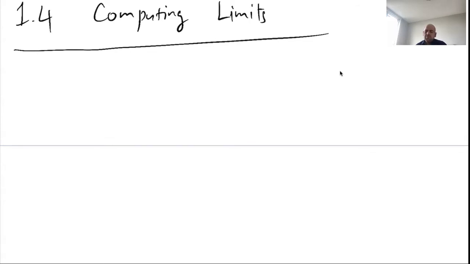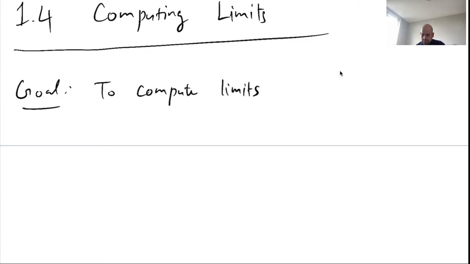But we have some laws or rules or theorems that can help us calculate limits much faster. So the goal is to compute limits using limit laws.